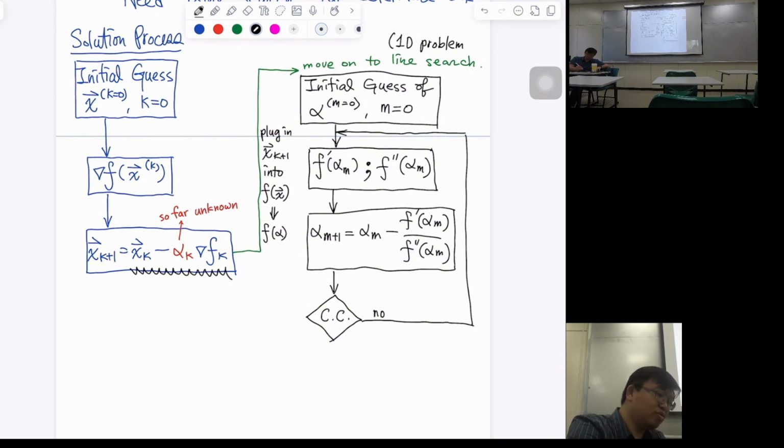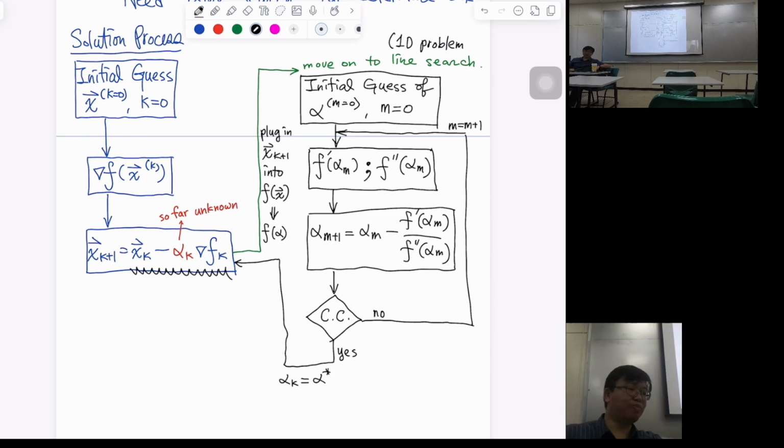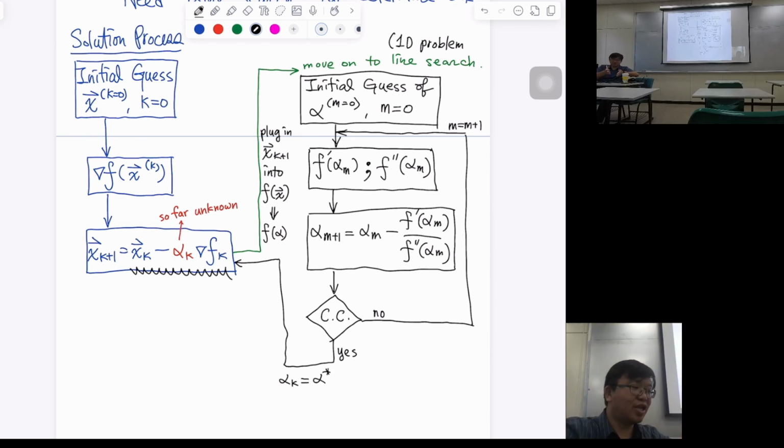If no, then m equals m plus 1, right? If yes, that means it's converged. So if it's yes, update. So the optimal, I should say, alpha k equals alpha optimal from the line search procedure.